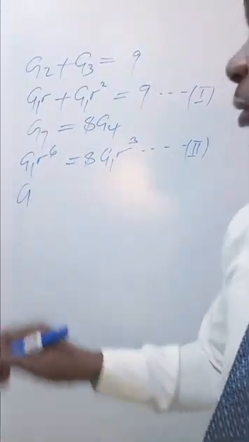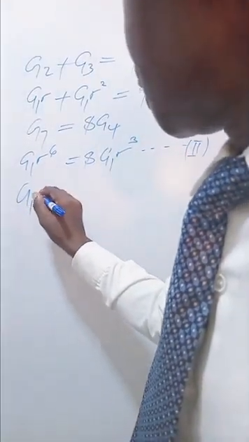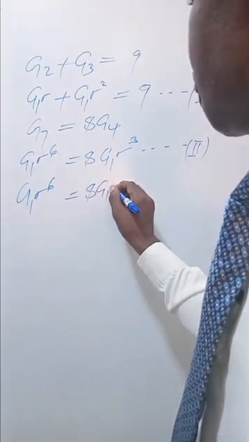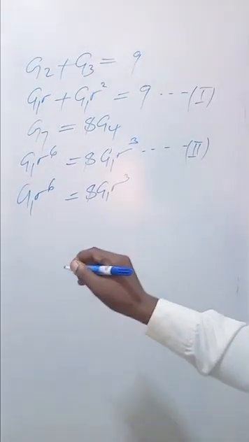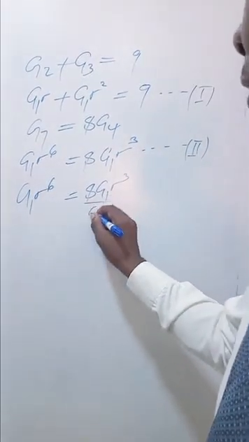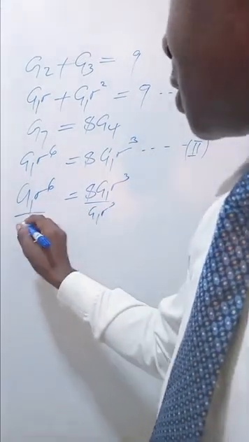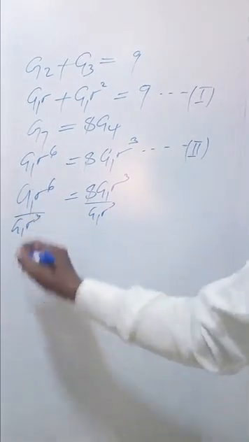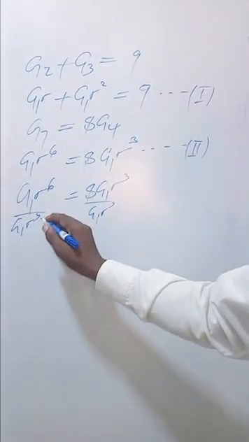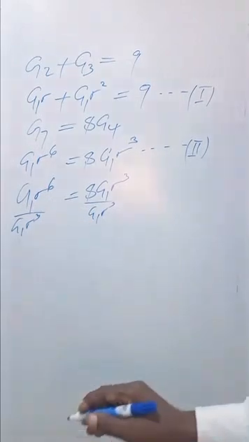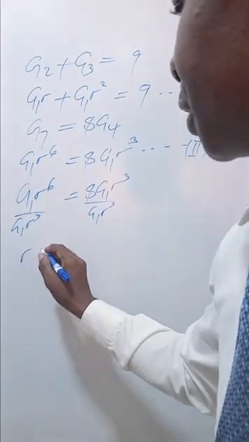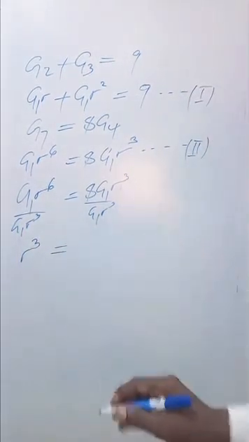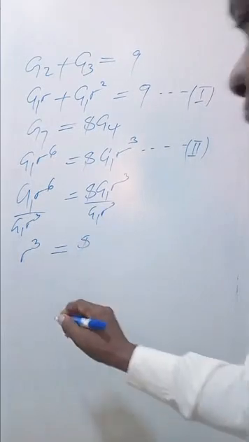What can we do from here? This is G1 R raised to power 6, we said equals 8 G1 R power 3. Let's divide through by G1 R power 3 both sides. On the left hand side, G1 cancels out, then R power 6 minus 3, we shall have R power 3, and this side will remain with 8.